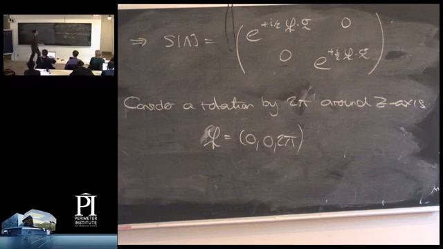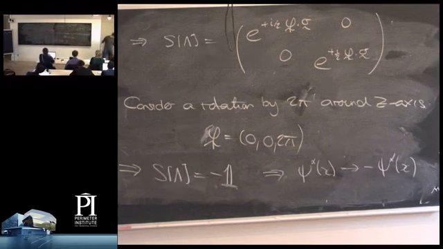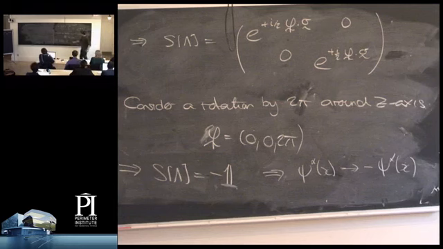So what happens if I take this and plug it in here? For this particular rotation, this matrix is not the unit matrix. It's minus the unit matrix. Which means that under a 2 pi rotation, this spinor goes to minus itself.